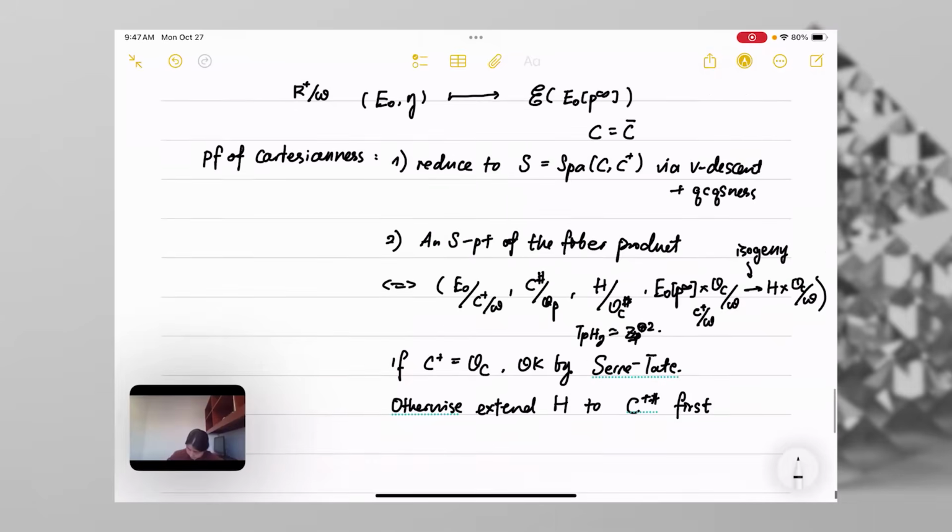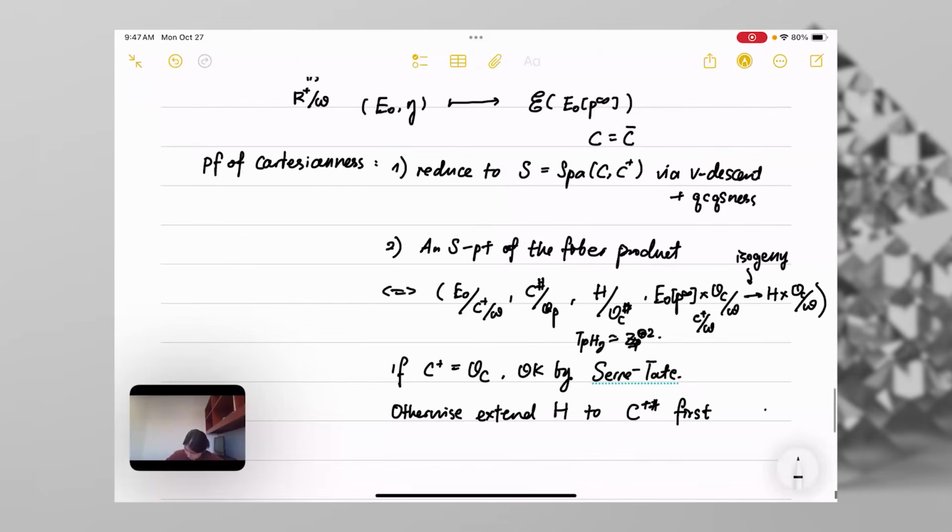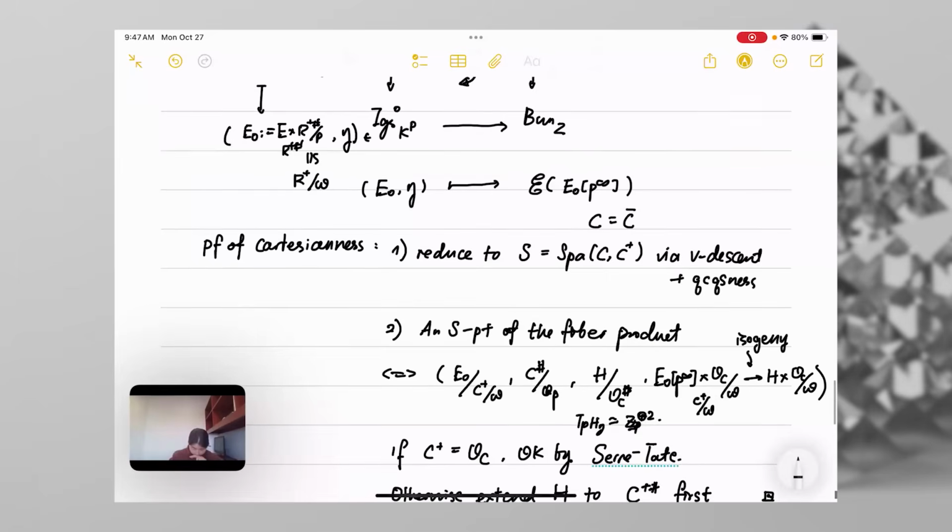And this finishes the proof of the Cartesianness of this diagram.